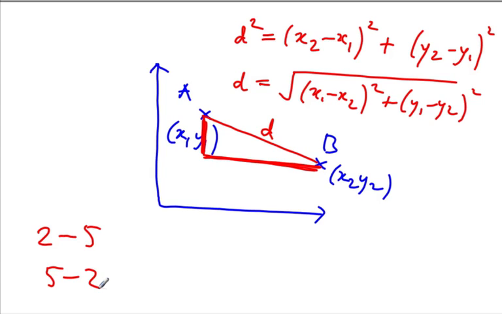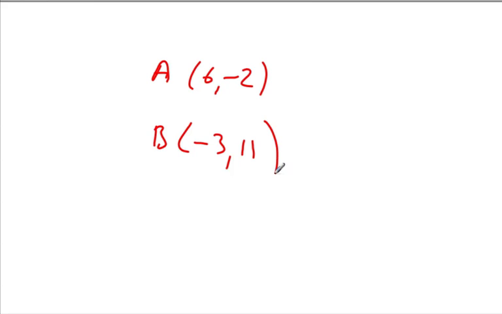So the formula is x1 minus x2, y1 minus y2, but geometrically, it's just the lengths of the sides of that right angle triangle. Now this doesn't mean that we have to go and draw it every time. Knowing this, it's the difference between the x's and the difference between the y's. Knowing that, then if you have a question which says point A is 6, minus 2 and point B is minus 3, 11, what's the distance between them?